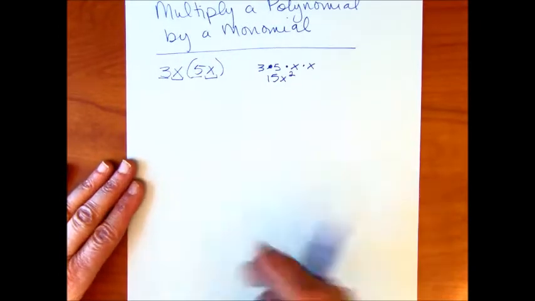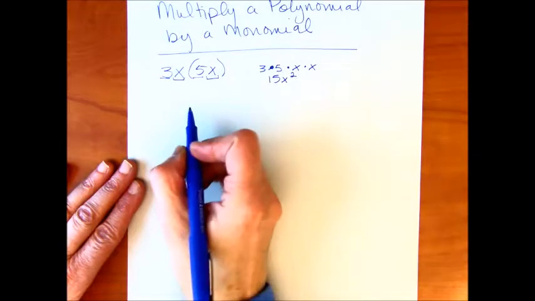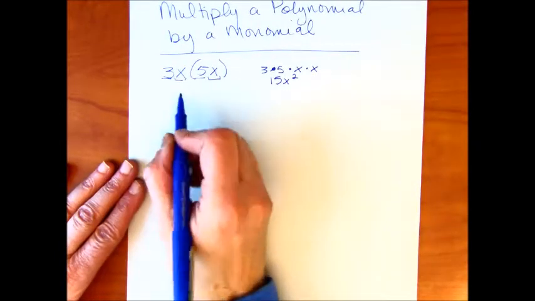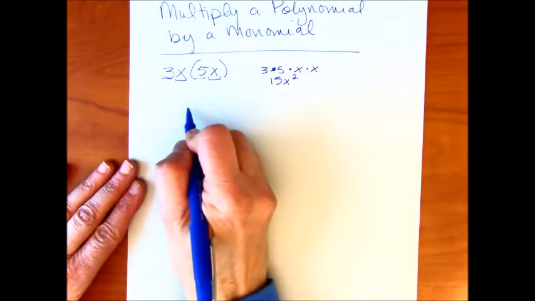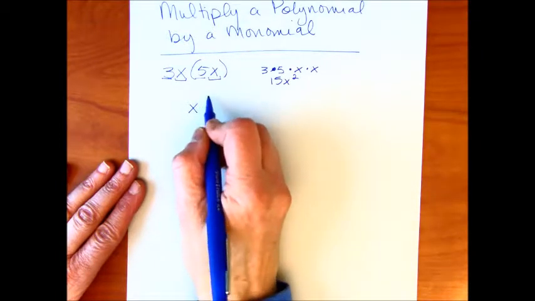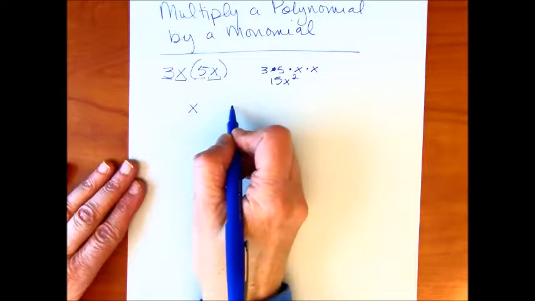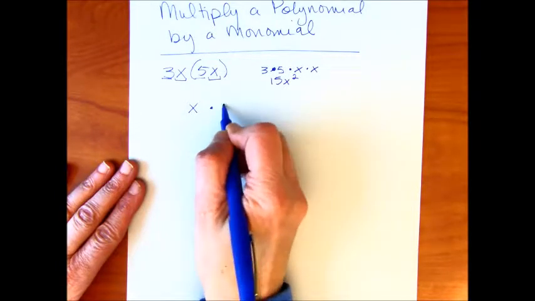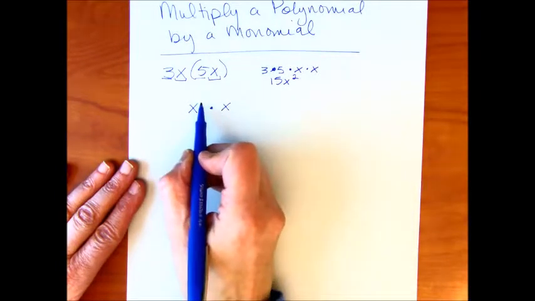Now, that law of exponents that I was talking about basically states that if you have a variable, let's say x, and we're going to multiply it by another of the same variable, we're going to add up the exponents.